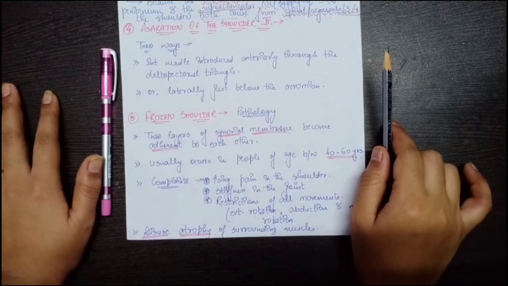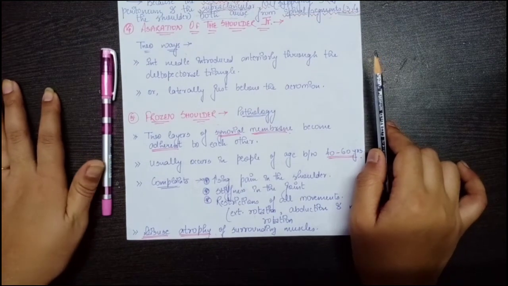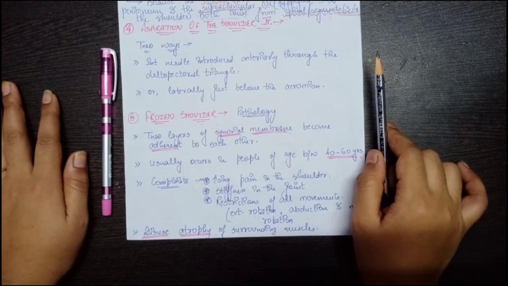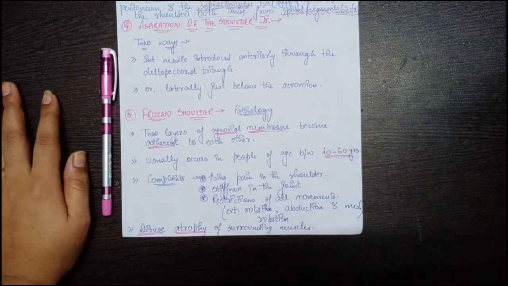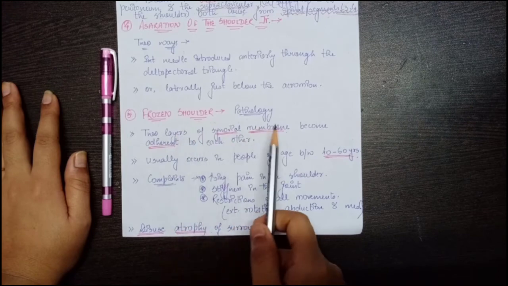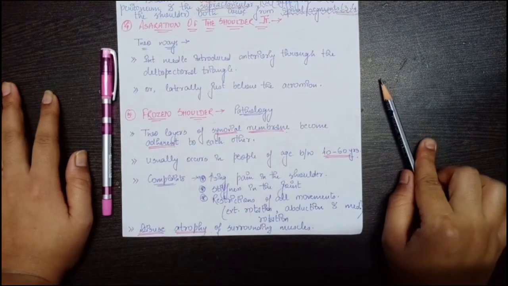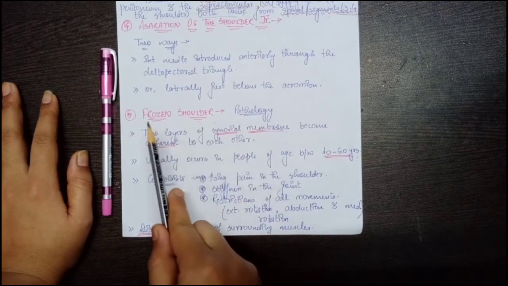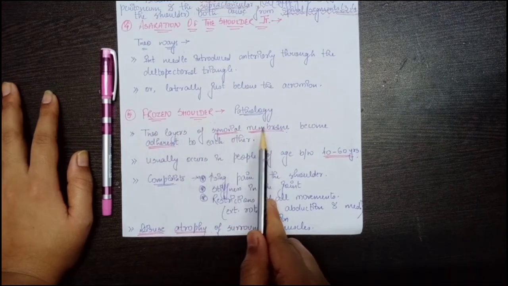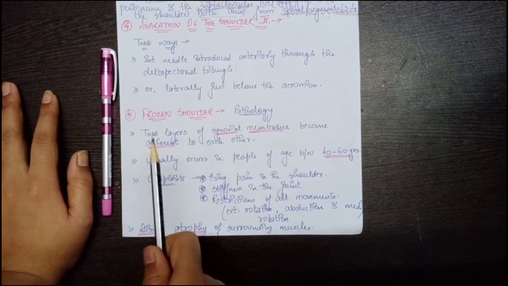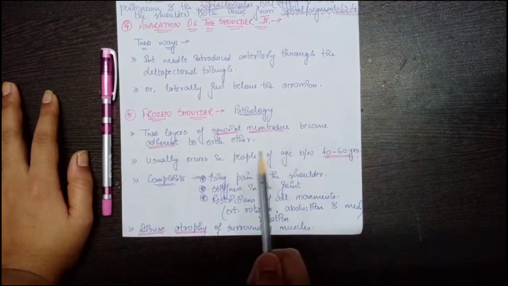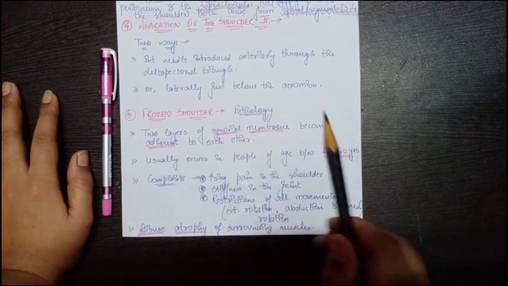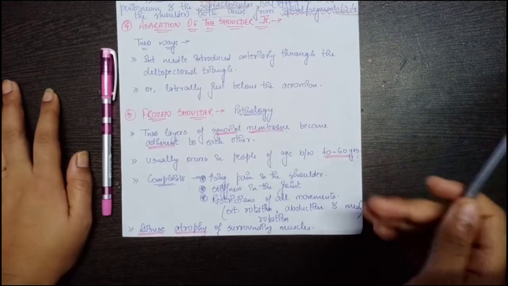See, I already told you that all the joints have synovial lining, synovial membrane, right? So what happens is, in the shoulder joint, synovial membrane is present in layers, okay? So any 2 layers of the synovial membrane become adherent to each other. Adherent means they stick to each other. They get attached to each other or they get merged with each other.